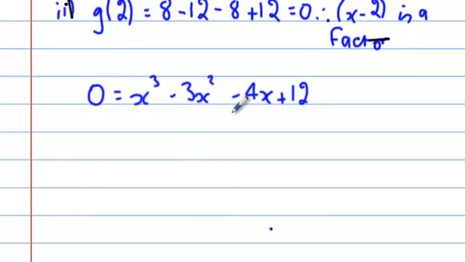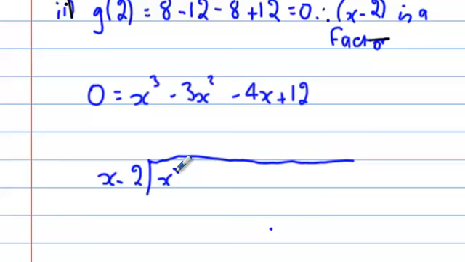So what I need is to reduce it down to a quadratic and factorise that. Now I do know that x minus 2 is a factor, so I can divide x minus 2 into this, and there won't be a remainder.